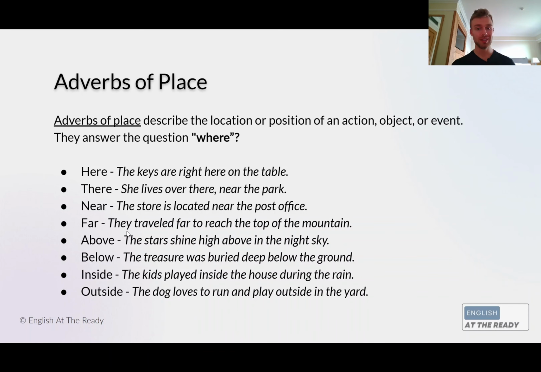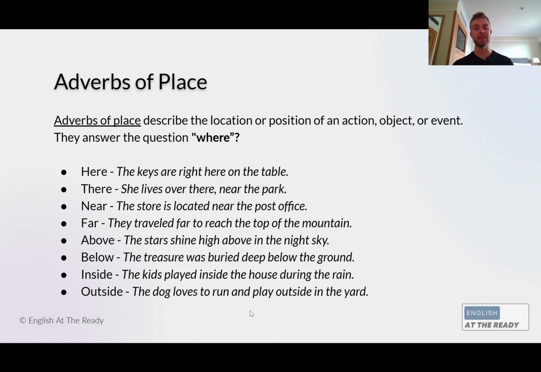Far. They traveled far to reach the top of the mountain. Above. The stars shine high above in the night sky. Below. The treasure was buried deep below the ground. Inside. The kids played inside the house during the rain. And lastly, outside. The dog loves to run and play outside in the yard.